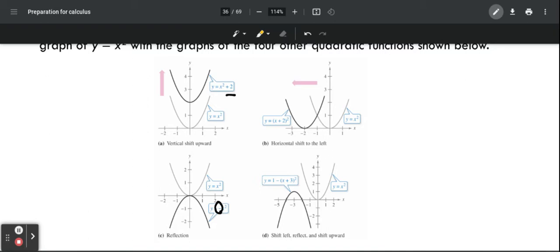So if you're shifting left 2, we say x plus 2, and that whole quantity will be squared. Looking at this graph, we see x plus 3, so it's shifted to the left 3. This negative is a vertical reflection, so it's reflected over the x-axis, and then it would be shifted up 1.